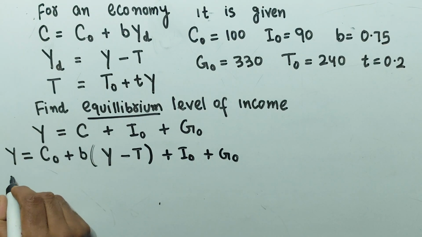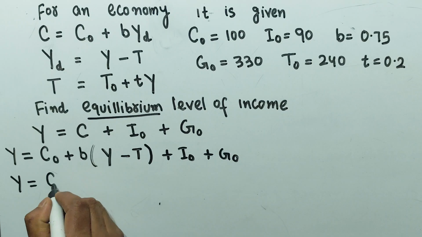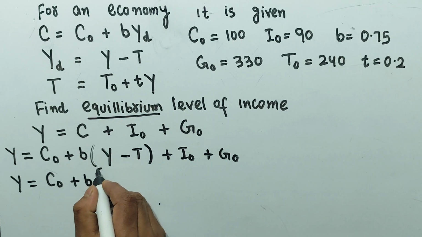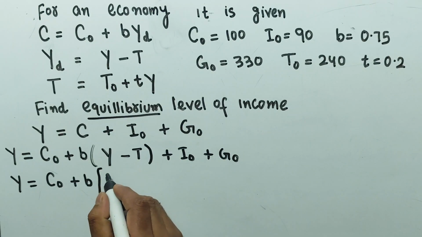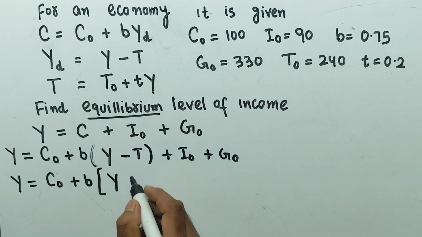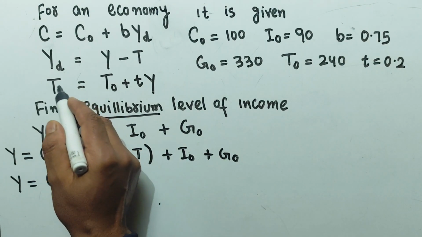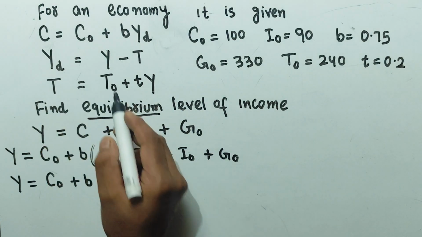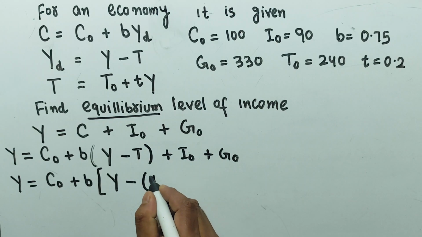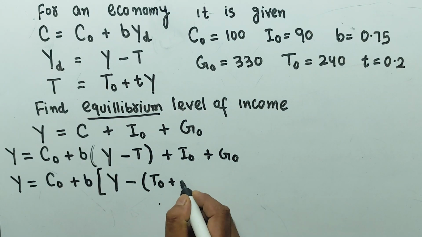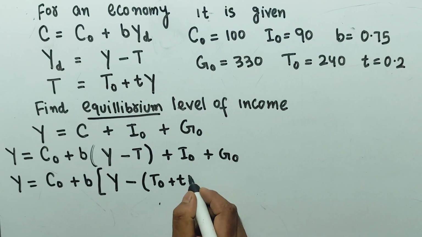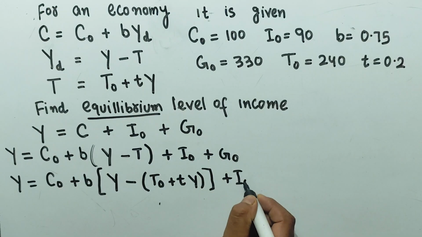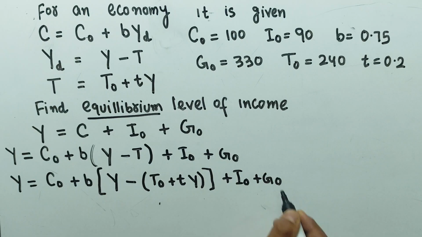Or we can write y is equal to C naught plus b times (y minus T), where taxes are a positive function of income, so in place of T I can write T naught plus marginal tax rate times y. Then we have I naught plus G naught.